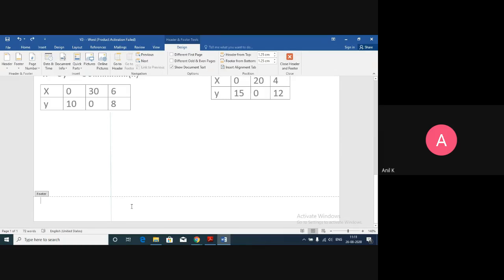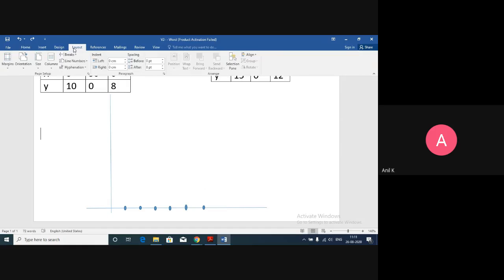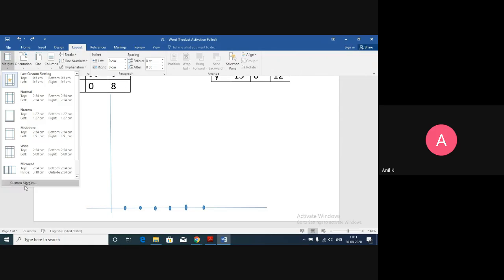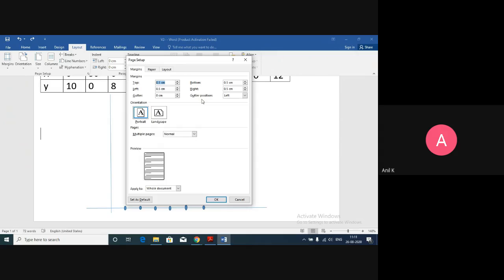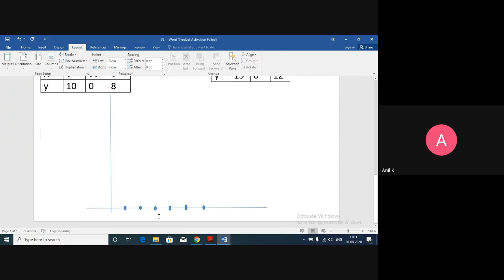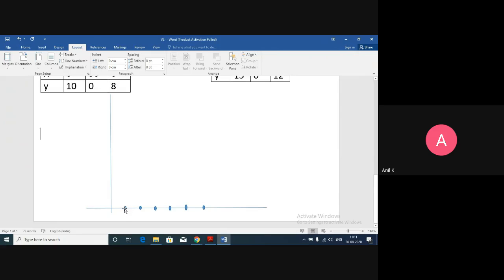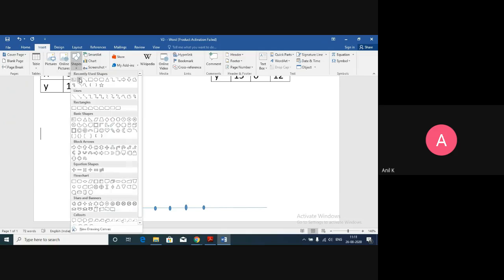Oops. Let me just give me a second. I think head and footer are taking the space. Okay, now same way, you can keep the points here. Insert shapes.